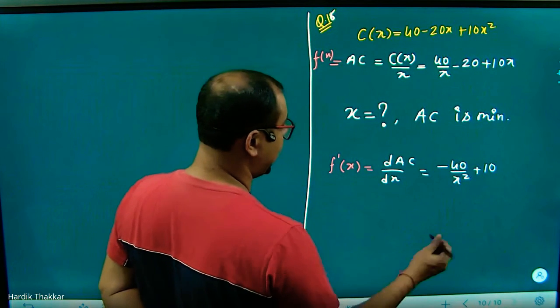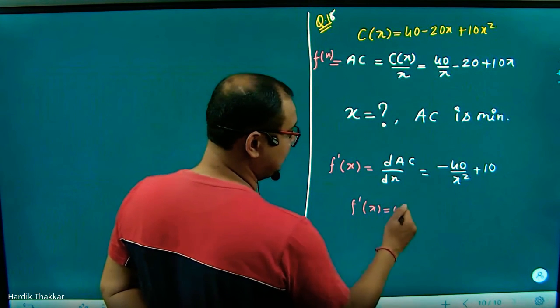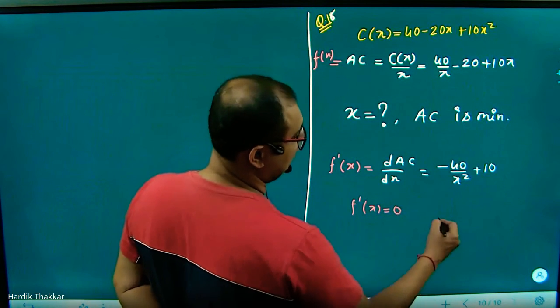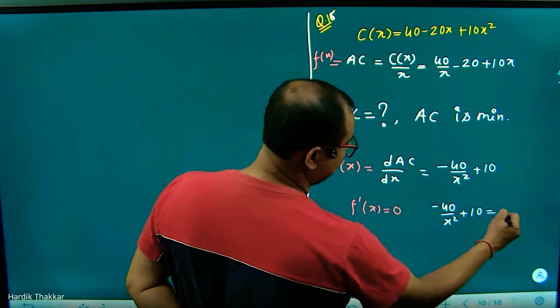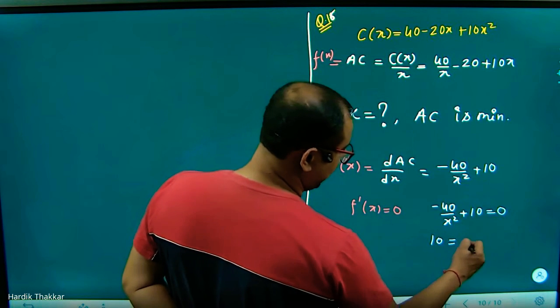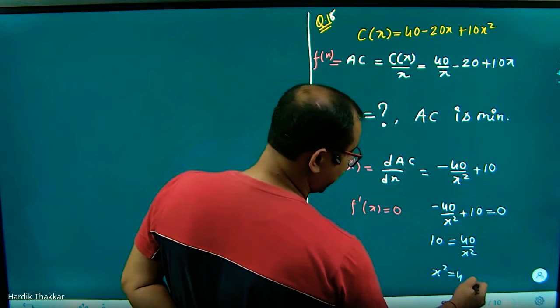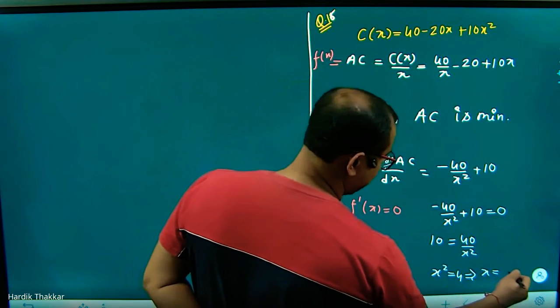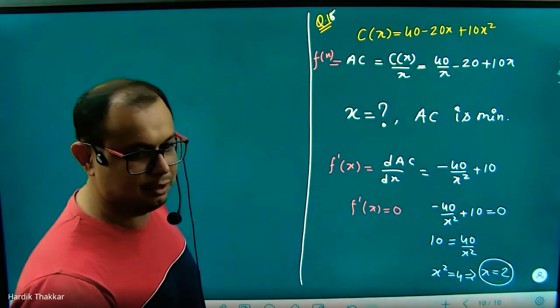Then we equate the first derivative to 0. So minus 40 upon x square plus 10 is equal to 0, so 10 is equal to 40 upon x square. You'll get x square equal to 4, and x is equal to plus minus 2. We will consider x equal to 2, only one value of x.